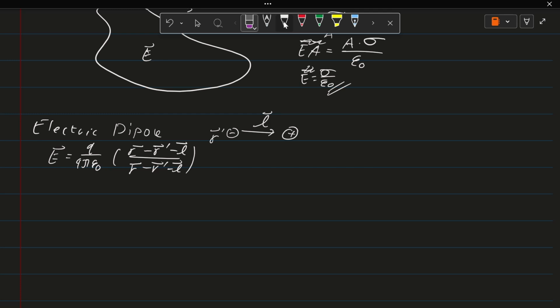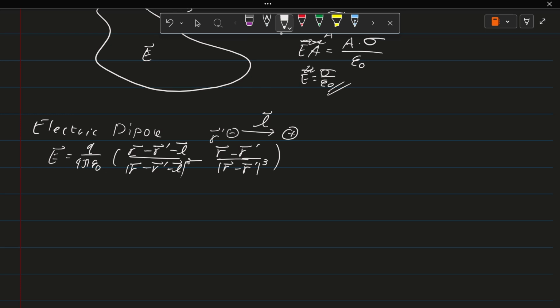So you would have this component, as well as the negative component, r vector minus r vector prime over the length cubed.